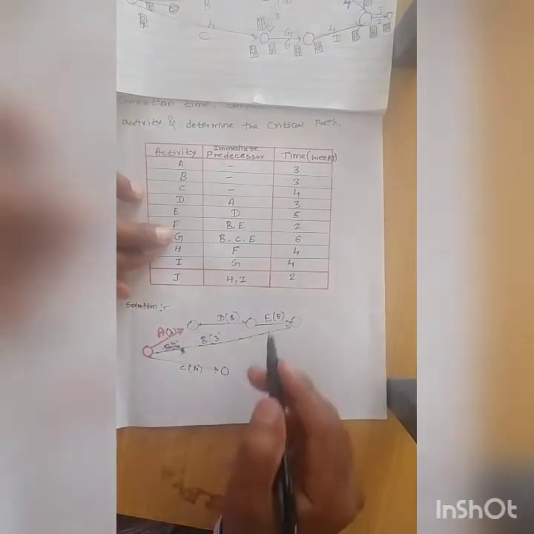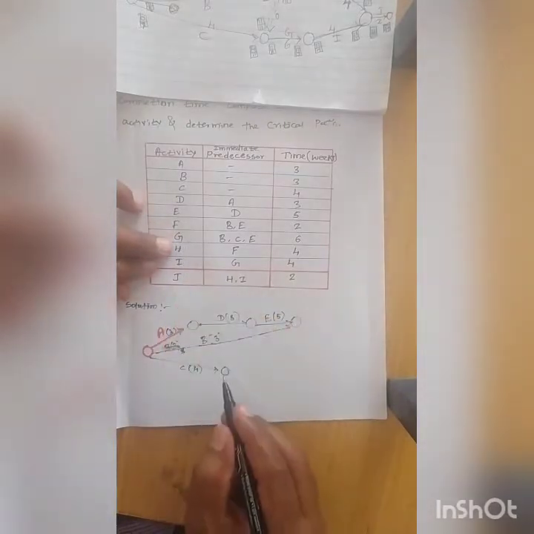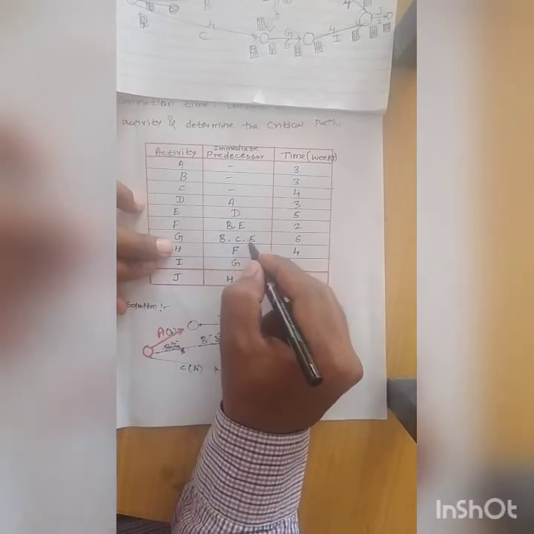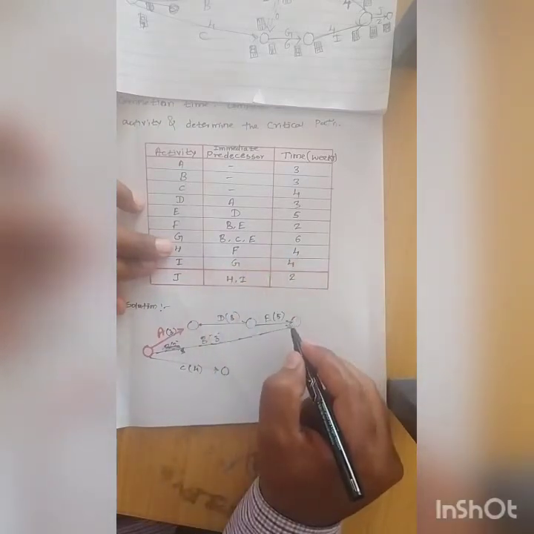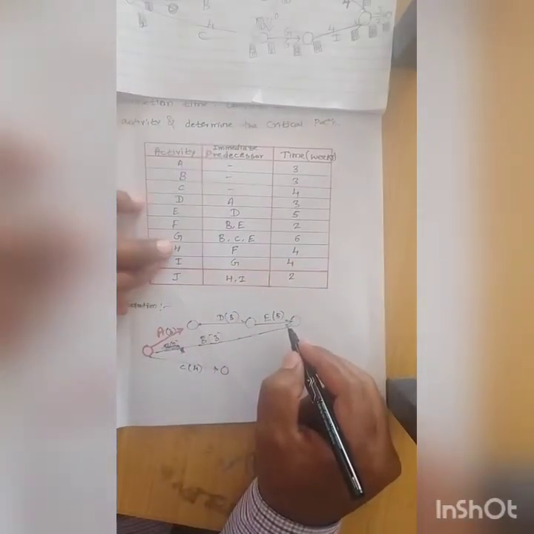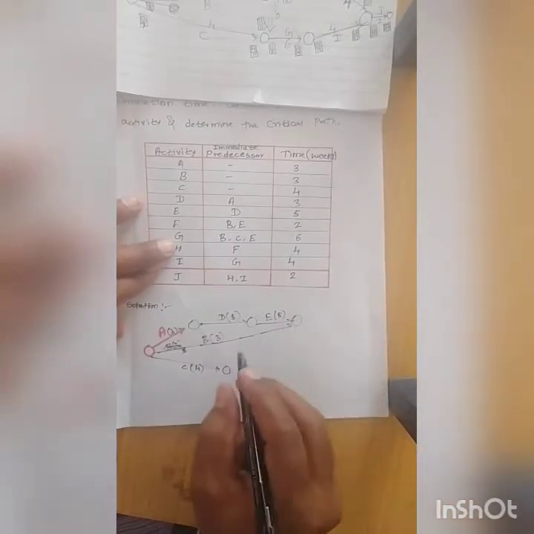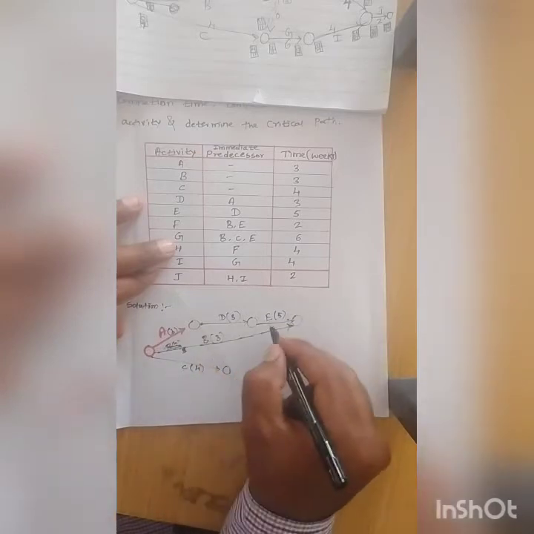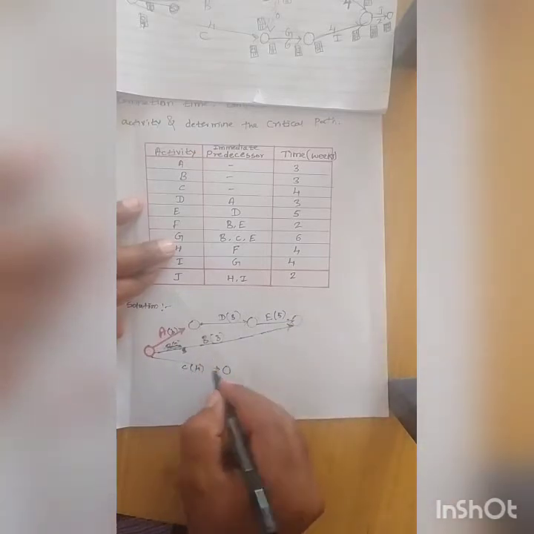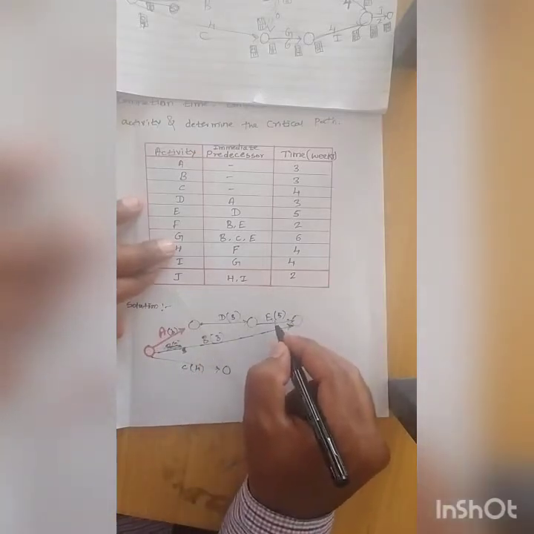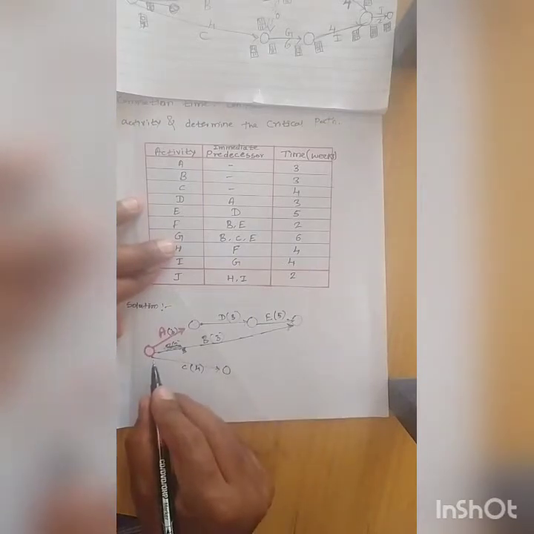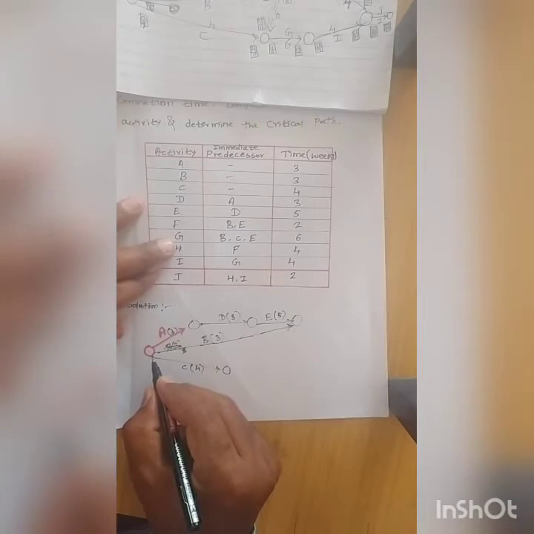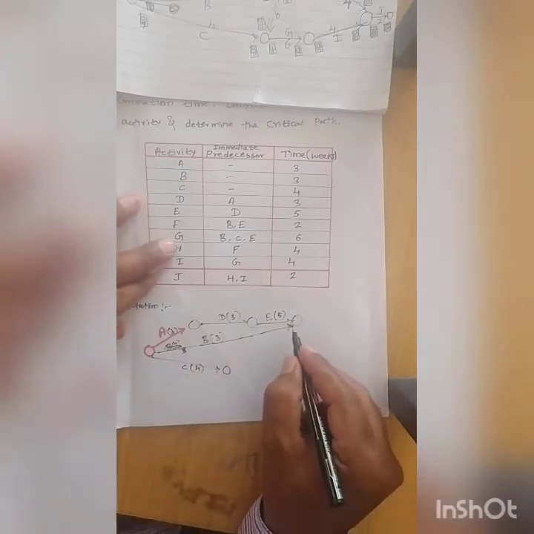Next, activity G, the predecessors are B, C and E. But I cannot connect directly from here to here. From one event, you cannot connect two activities at a single event.